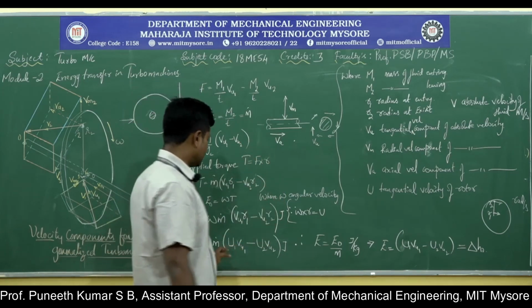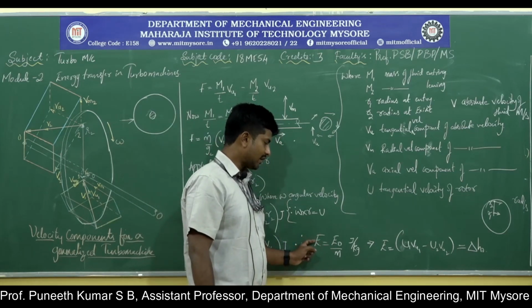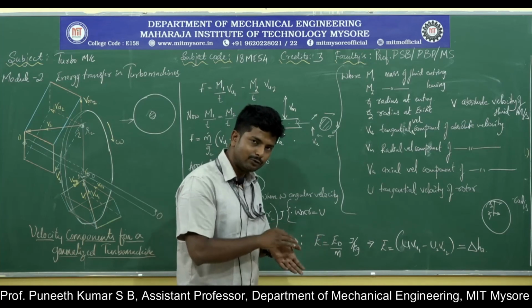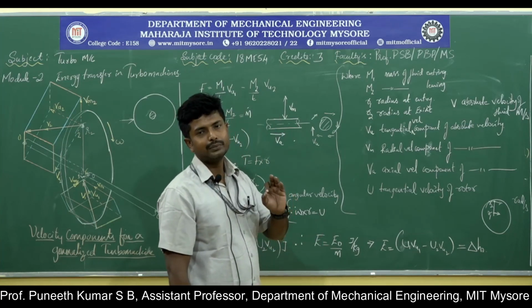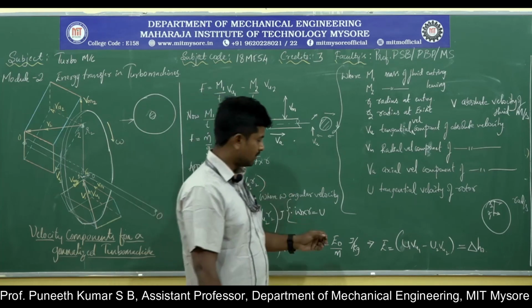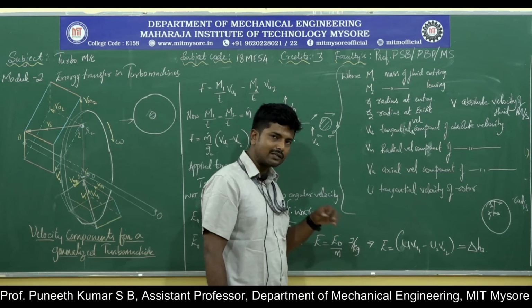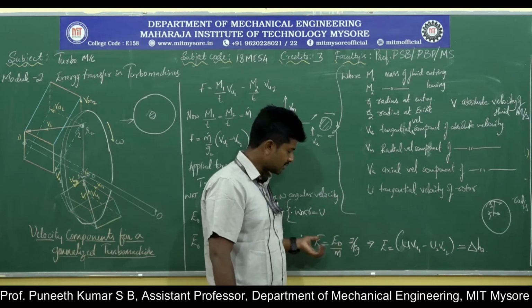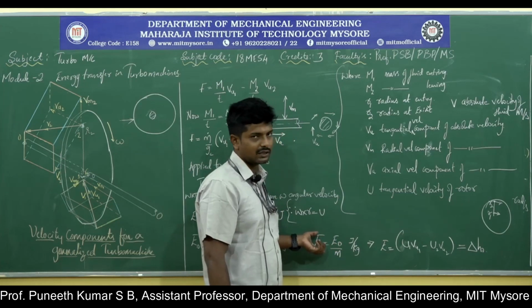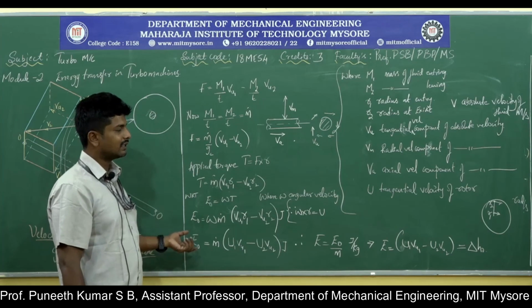Here we have reduced it to the energy transfer between the fluid and machine on a per kg basis. For each and every kg of working fluid passing through the turbo machine, what was the energy transfer? That is the specific energy transfer, whereas E naught is the total energy transfer.